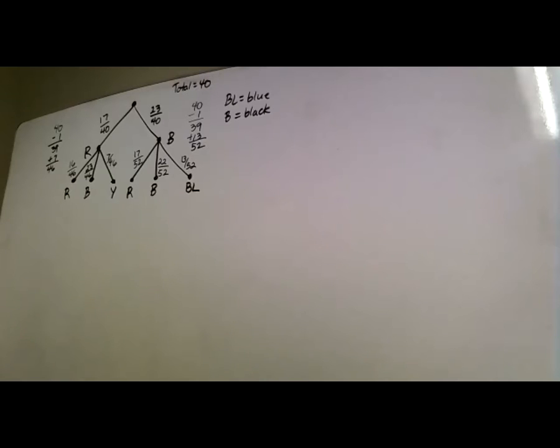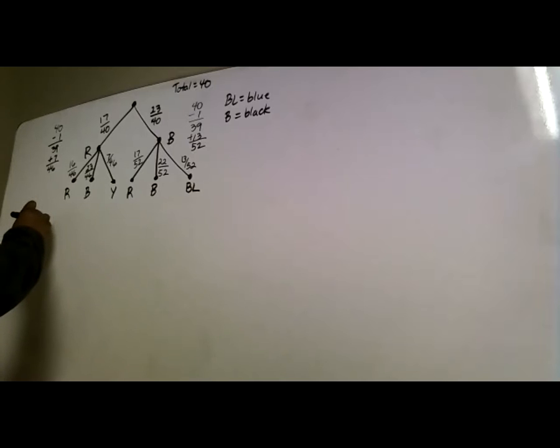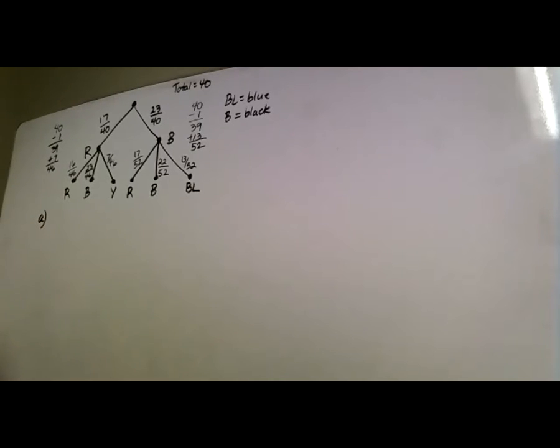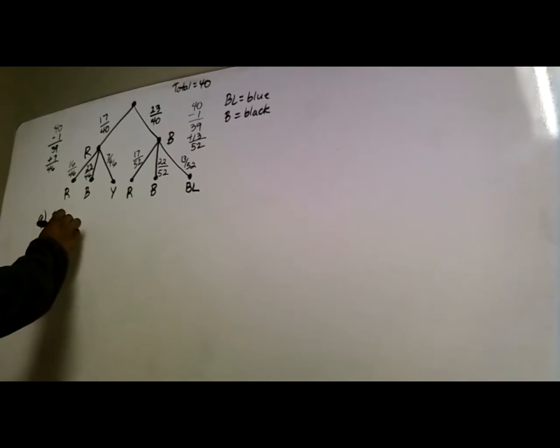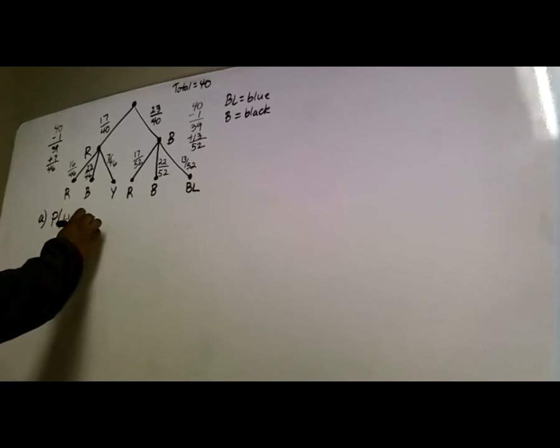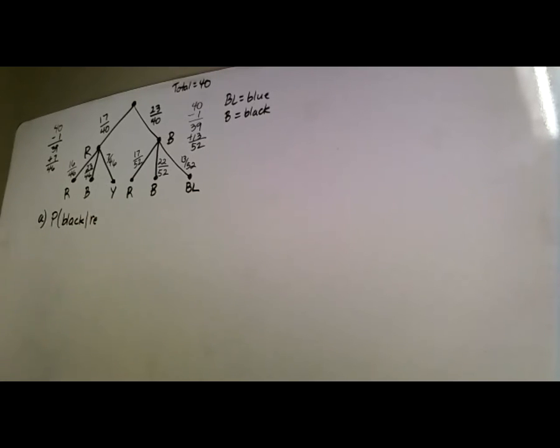And now we're going to use that tree diagram to answer parts A, B, C, and D. In part A, they want the probability that the second marble is black, given that the first marble was red. I must have read that wrong. Second marble is black, given that the first was red.